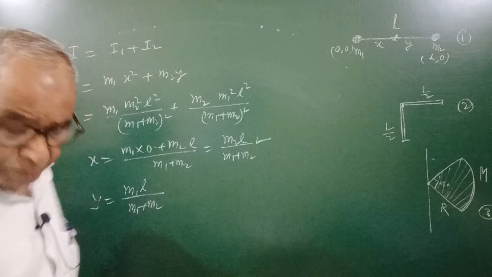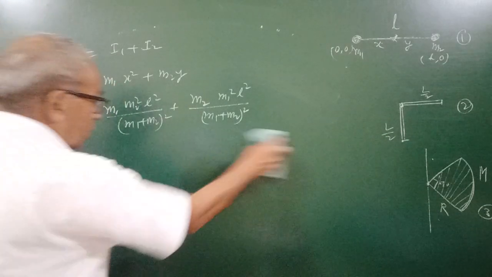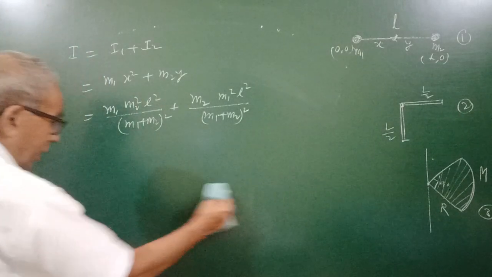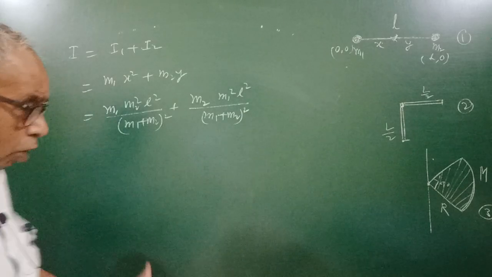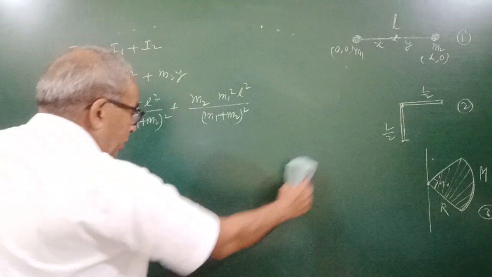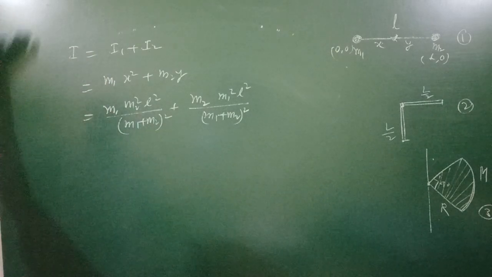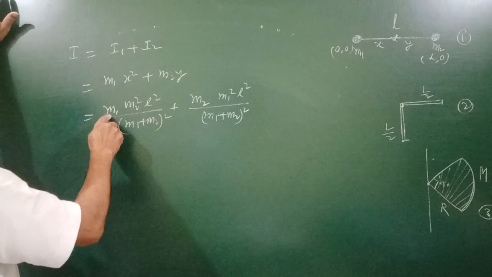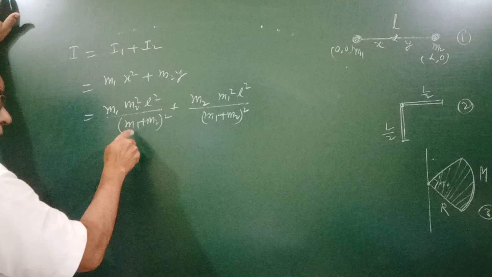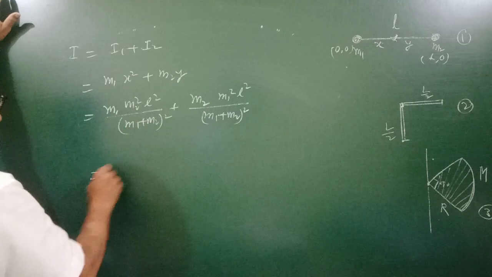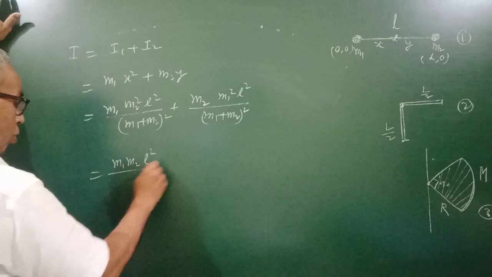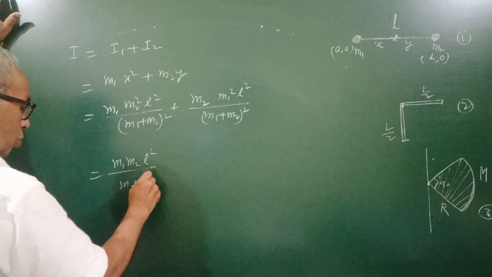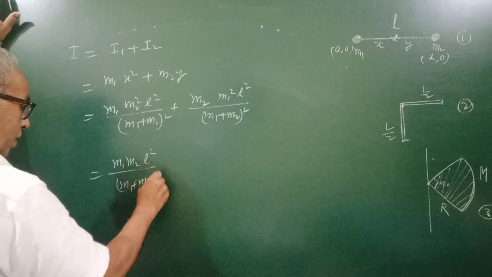When things are understood by us, then there is no problem. You can attempt any question, you can solve easily. But if you don't practice questions, then how to solve? m1 m2 L square upon m1 plus m2 whole square be common. So m1 m2 L square upon m1 plus m2 whole square.